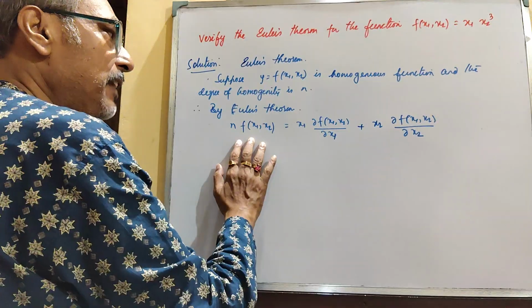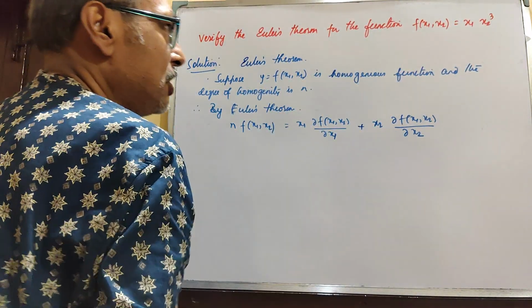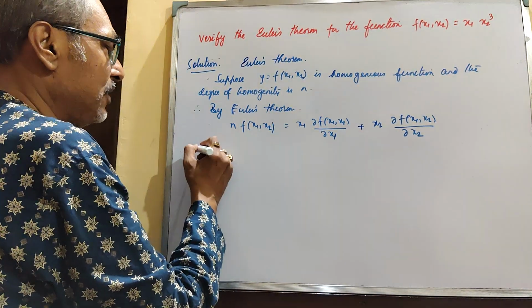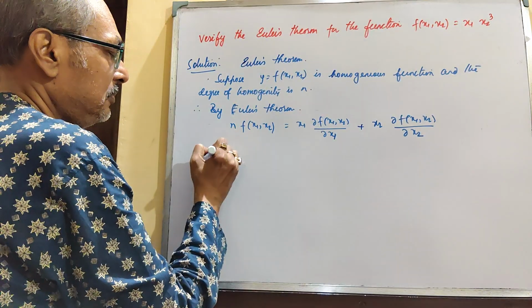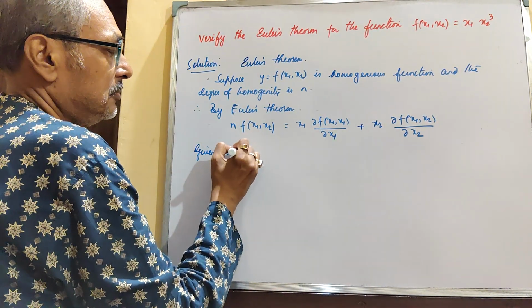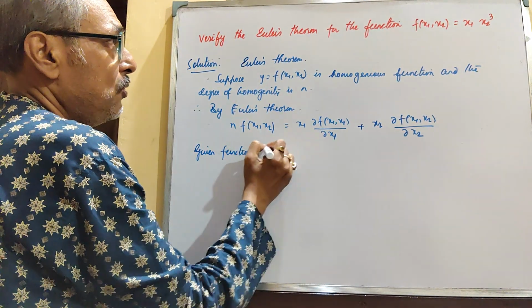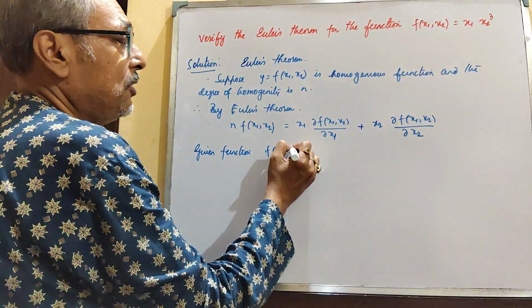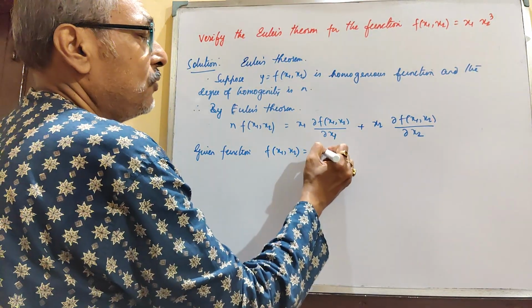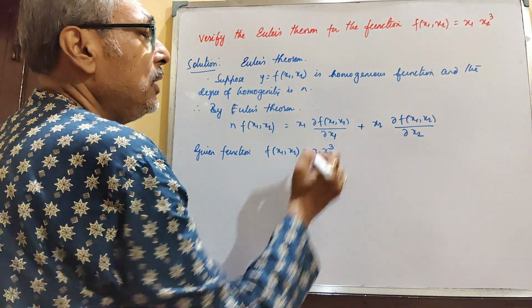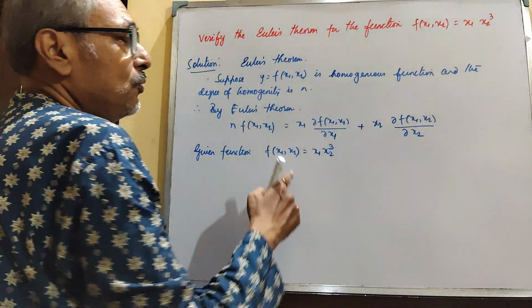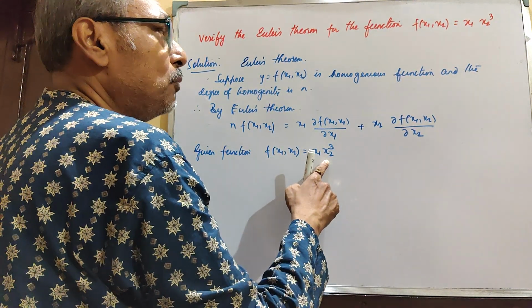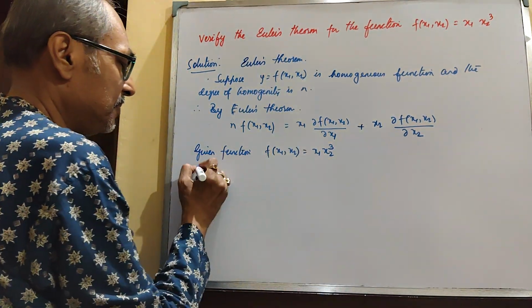Now we have to verify this for this production function. The given function f of x1 comma x2 is x1 x2 whole cube. First, we check the degree of homogeneity of this function.